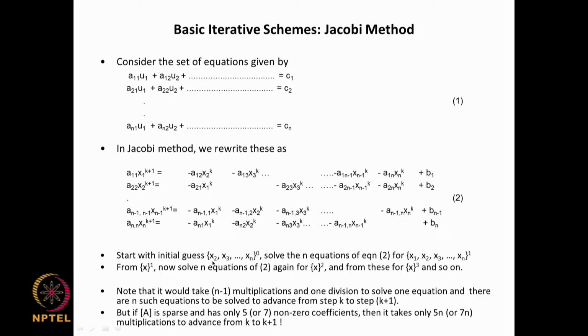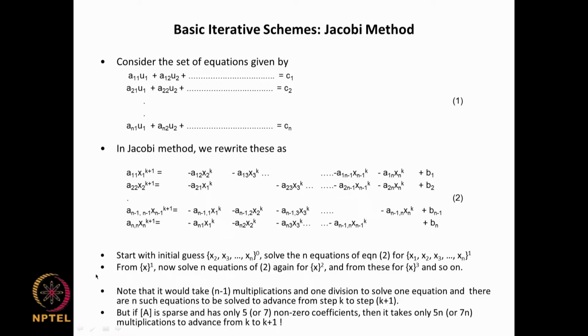We start with the initial guess x1, x2, x3 up to xn, the 0 indicating the initial guess, and solve the n equations of equation 2 for x1, x2, x3, x4 all the way up to xn for the first step. Now you have the new x values, and you again substitute them here and solve equation 2 for x1 all the way up to xn at the end of the second iteration step. And once you get those, you can again get the next ones and so on.